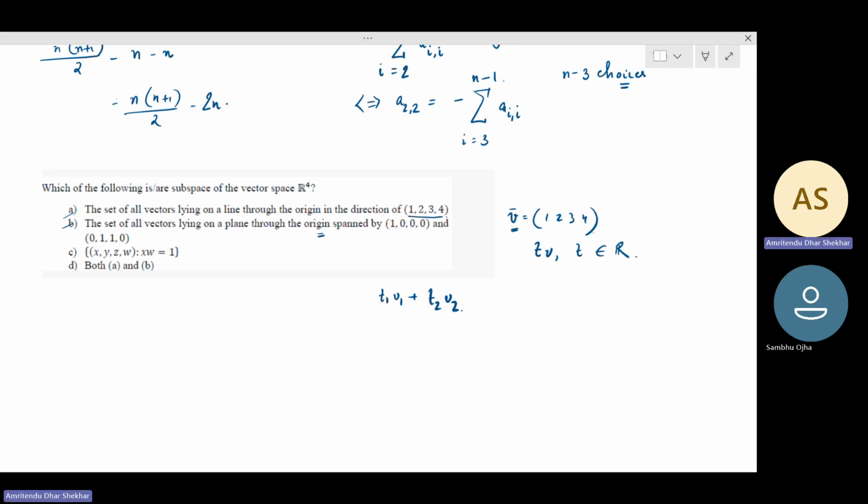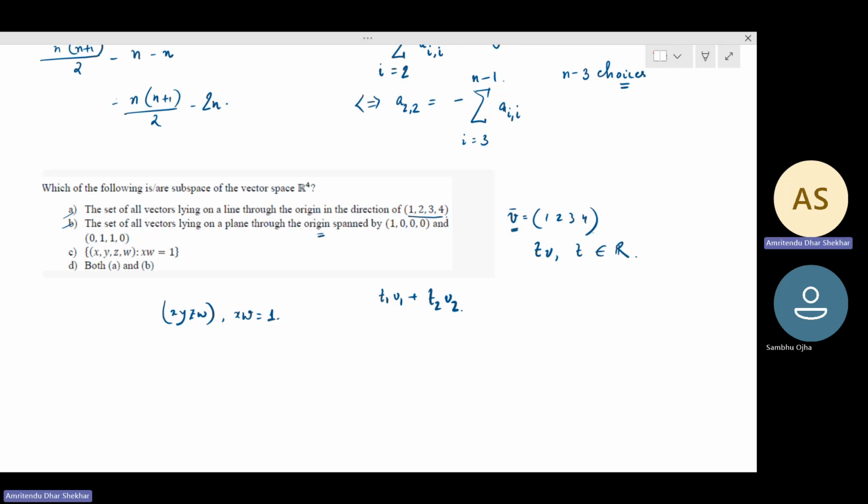How about the final option? The final option is vectors x, y, z, w which satisfy xy is equal to 1. In order to check if a set of vectors is forming a subspace, you need to check two things.